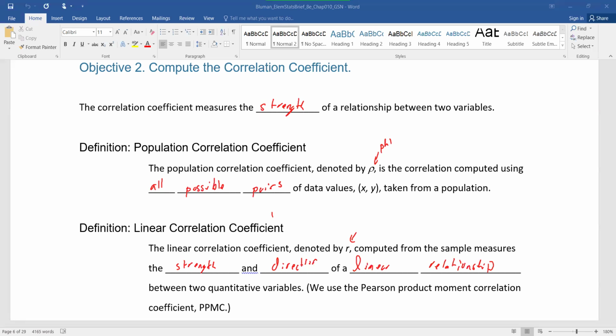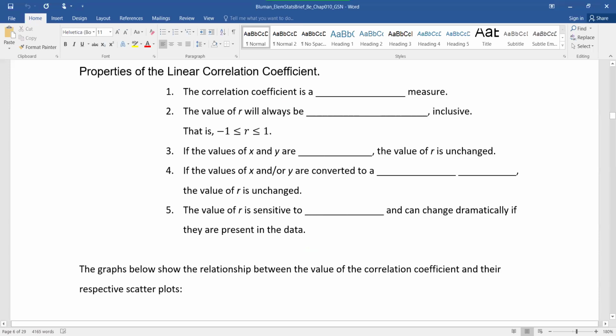All right, so properties of linear correlation coefficients. The correlation coefficient is a unitless measure. I have no idea what that means. Unitless, but it goes from -1 to 1. That to me sounds like units, but whatever.